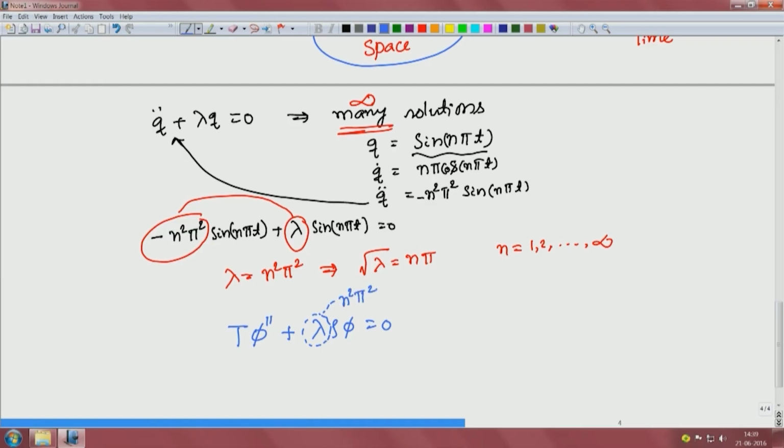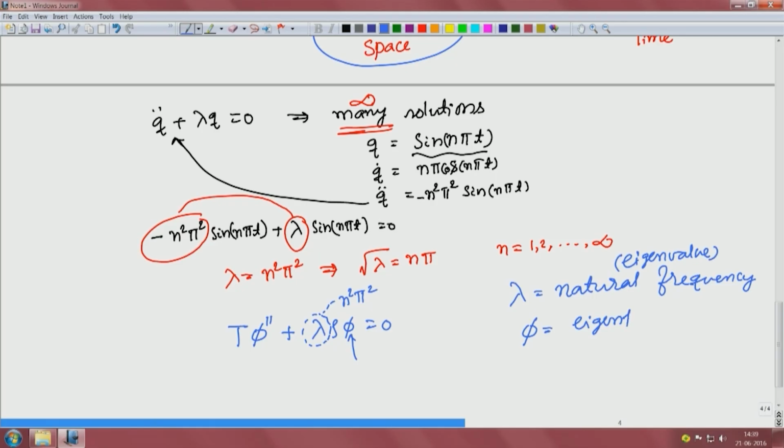For each value of n, I get to solve this equation for phi. So, lambda is our natural frequency and phi is our eigenfunction, and lambda we can call the eigenvalue.